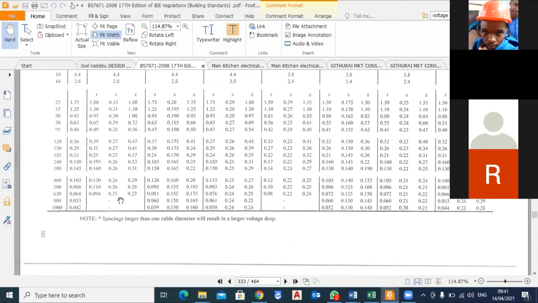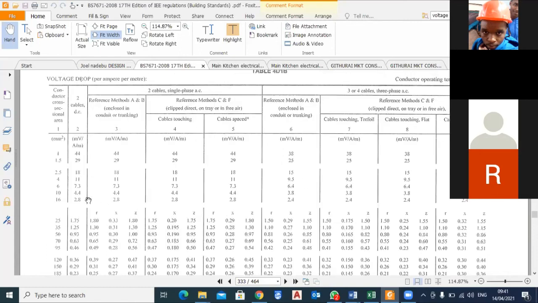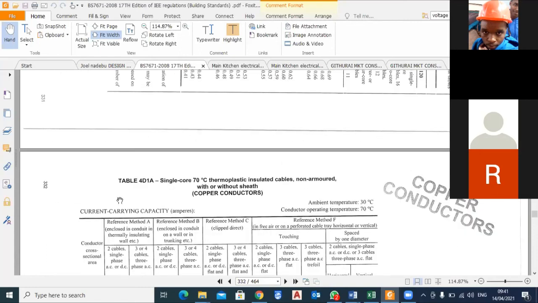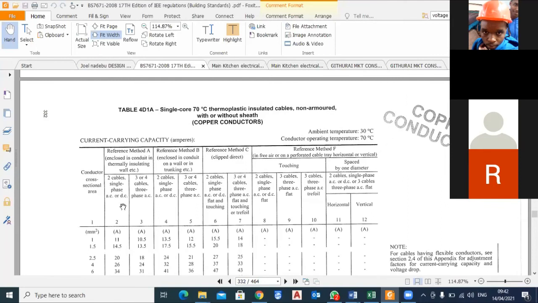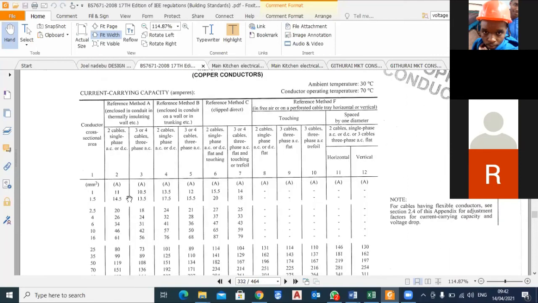We use 1.5, right? Yes. 1.5 from this table can carry a maximum of 14.5. So calculate the power for that 14.5. Then you multiply by 240, multiply by 0.8. It is 2784.